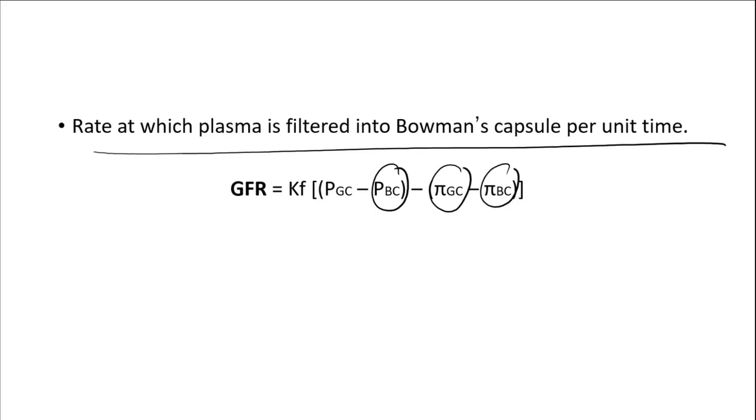If we look at it in detail, we have glomerulus and we have Bowman capsule. We are discussing the forces responsible for filtration of plasma from glomerulus into the Bowman capsule.